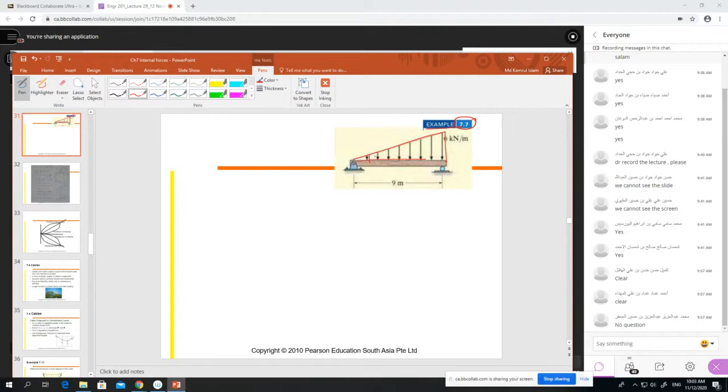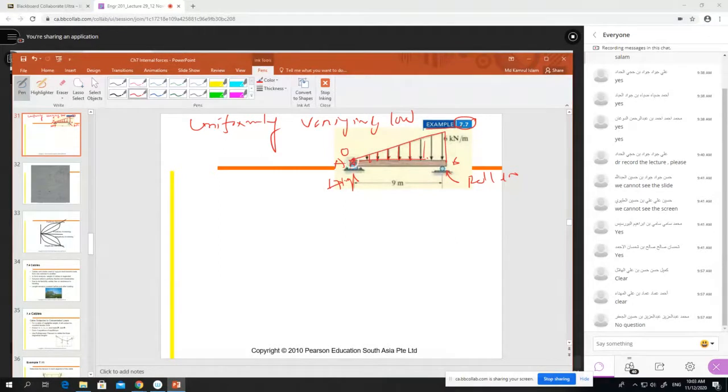The load name is uniformly varying load. Now, why uniformly varying load? You see, there are two supports. This is the roller, and this is the hinge. At the supports A and B, at A our load is 0.